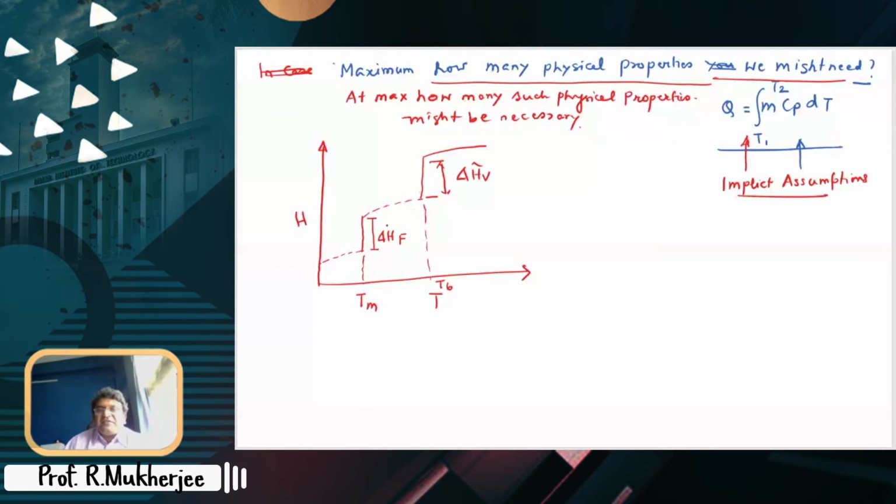Of course, the specific, everything is there. So is this graph clear to all? This is an enthalpy graph, for, yes, Ayush, Iron, absolutely, 5. At most, we might need 5 properties.